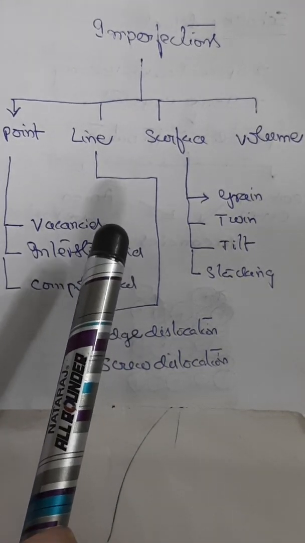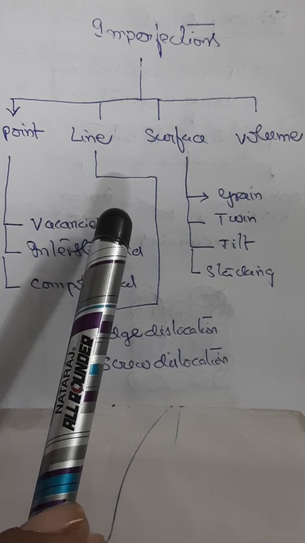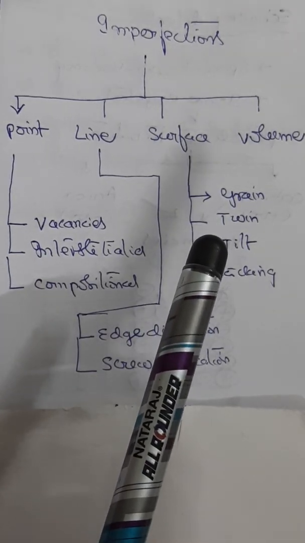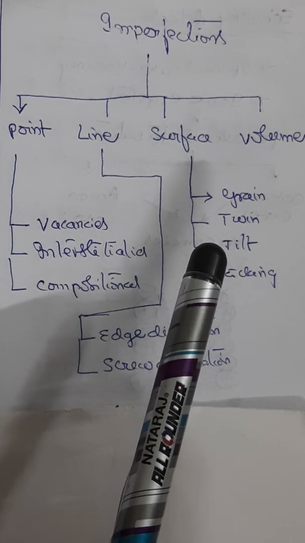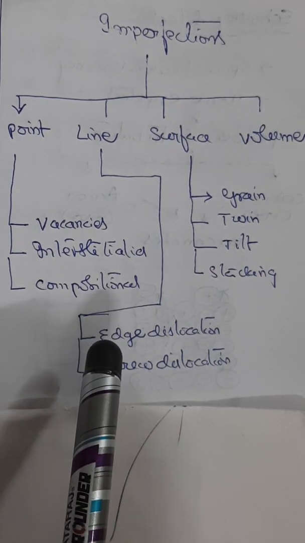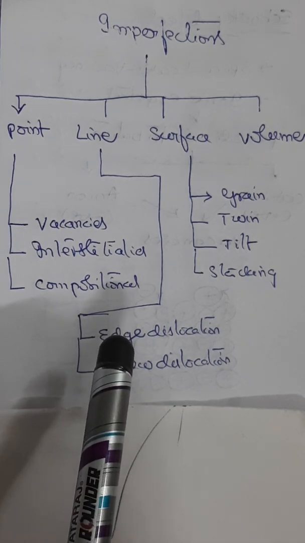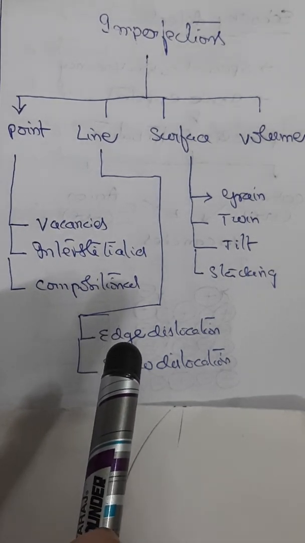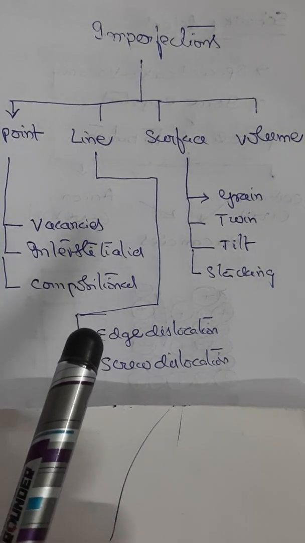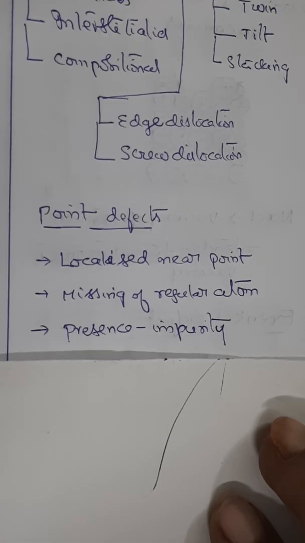Apart from that, you can have electronic defects also, along with volume defects. So these are the broad categories of various types of imperfections or crystal defects. Now let us understand each one of them one after another, and wherever possible we will try to understand them in a schematic manner. Let us look at point defects.